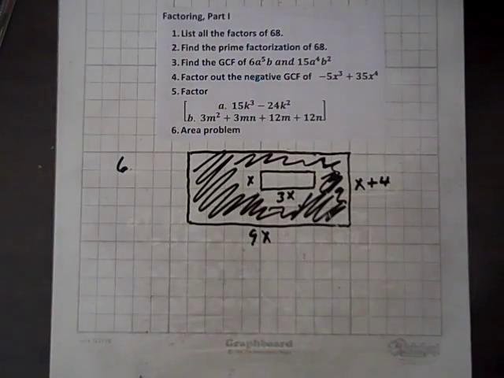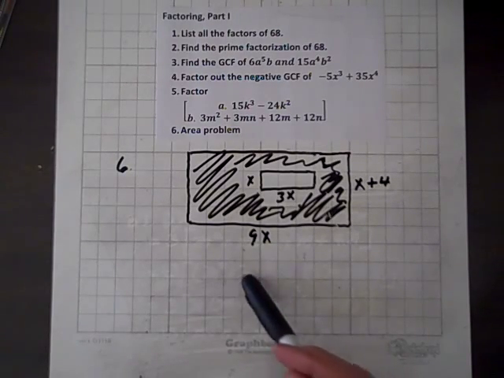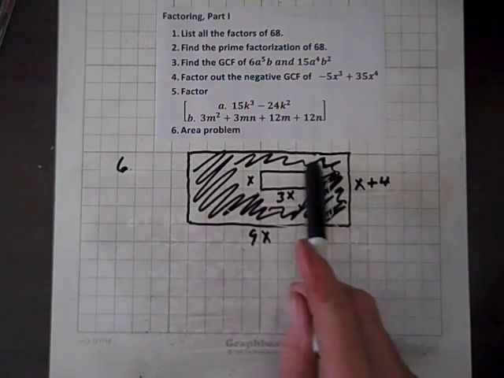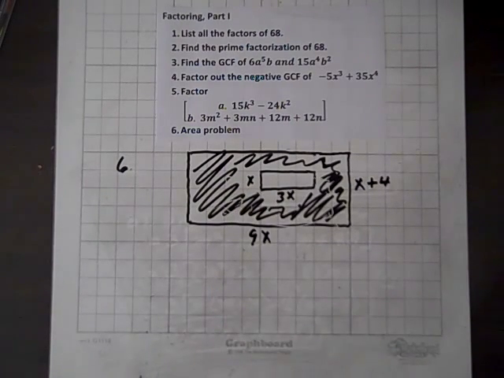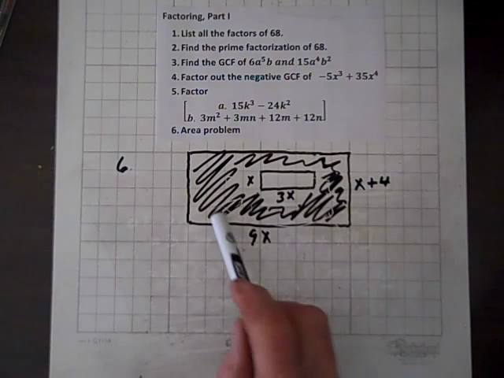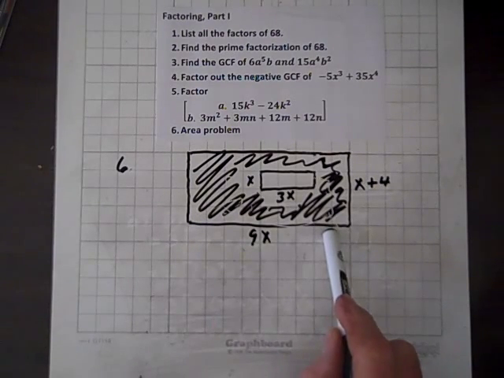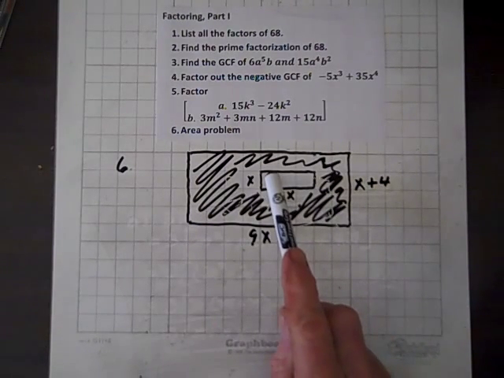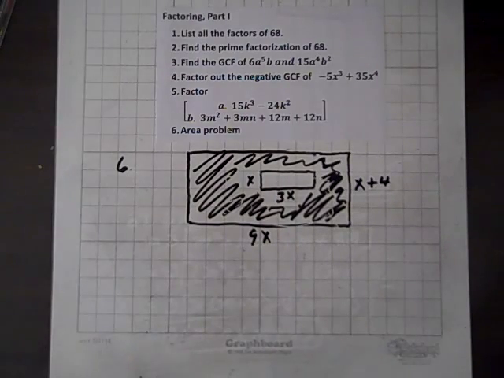Well, our final task is to find the area of the shaded region in this rectangle. So the process is to find the area of the large rectangle and from it subtract the area of the smaller rectangle.